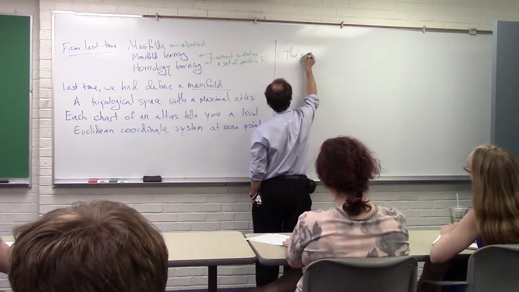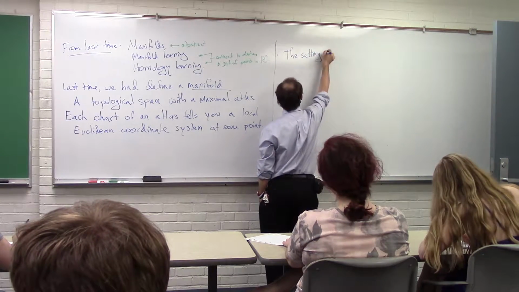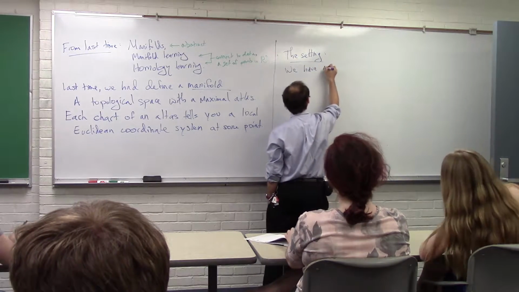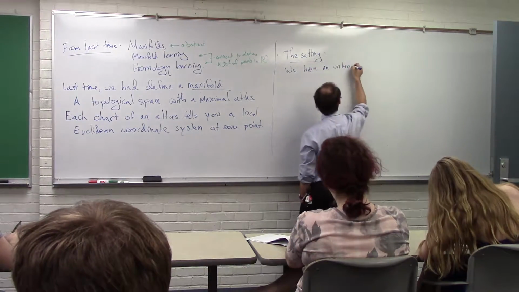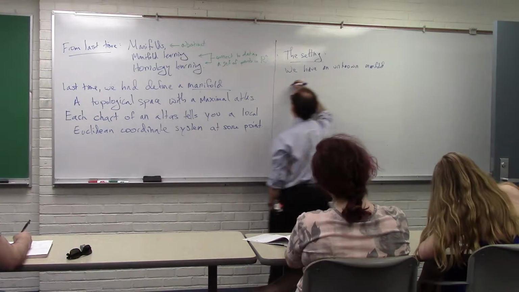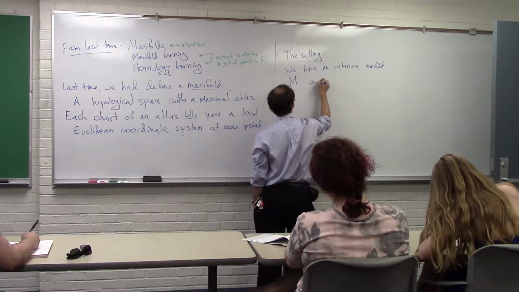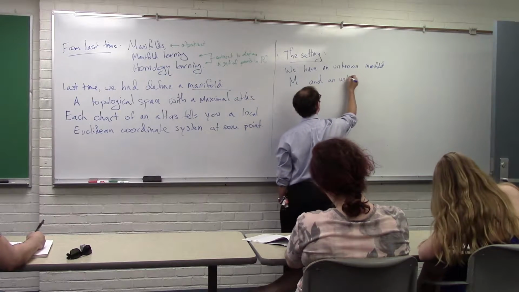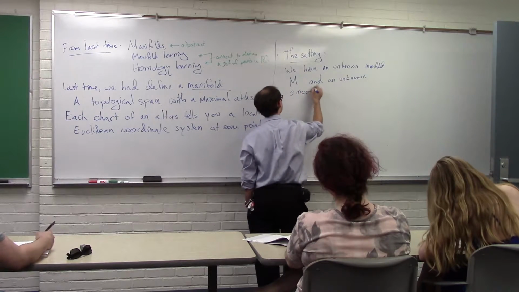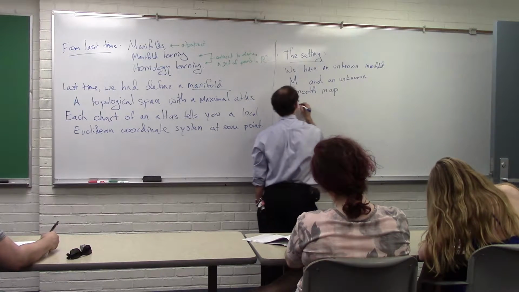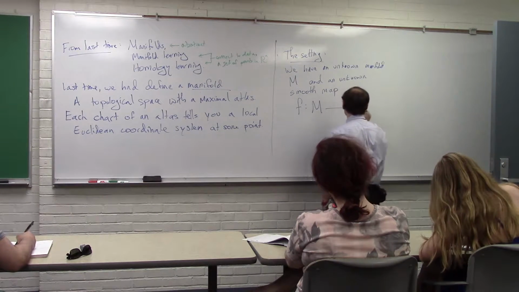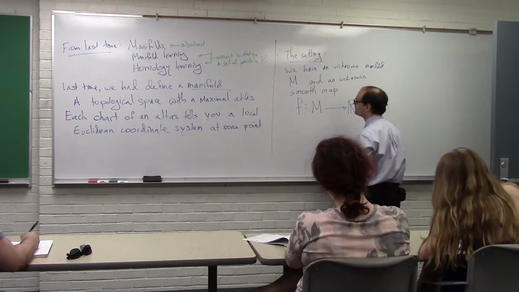Setting. We have an unknown manifold M and an unknown smooth map F from M to R^n.